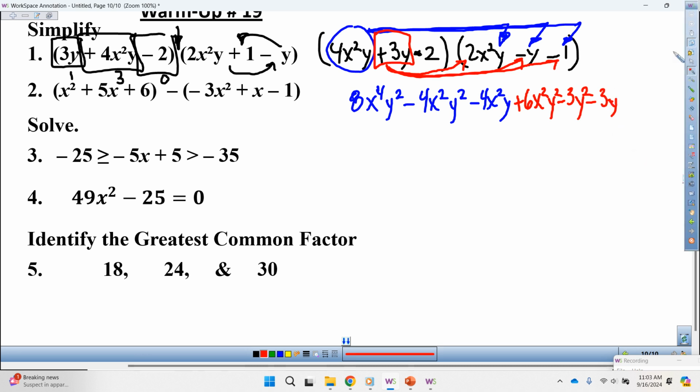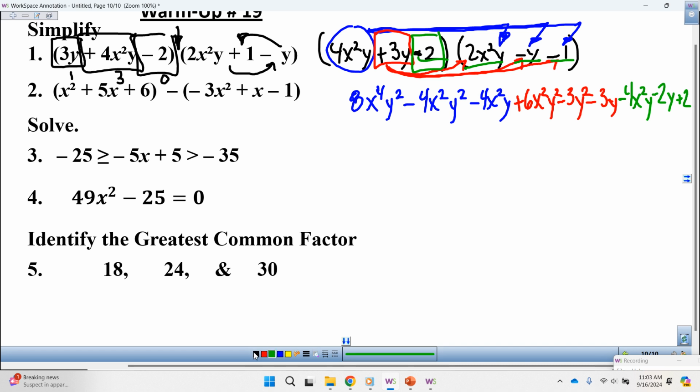All right, not bad. And last but not least, negative 2. What is negative 2 times 2x squared y? Negative 4x squared y. What is negative 2 times negative y? Negative 2y. And what is negative 2 times negative 1? Positive 2. Ooh, that's a long one.